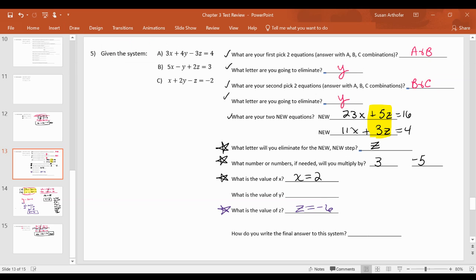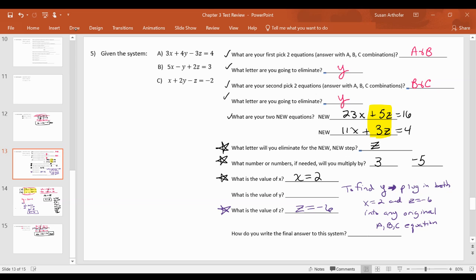So in order to find y, plug in both x equals 2 and z equals negative 6 into any original A, B, or C equation.